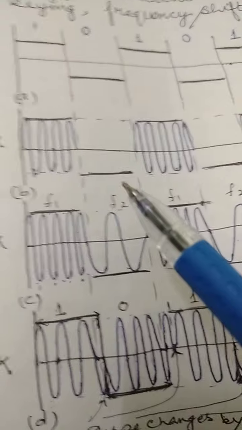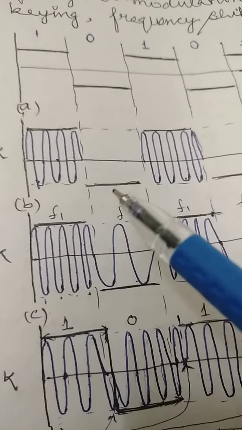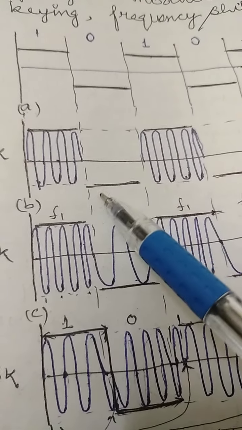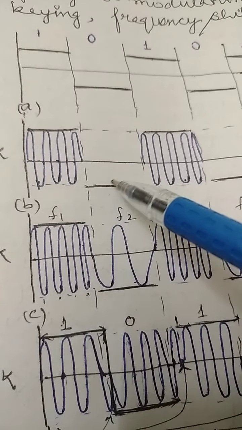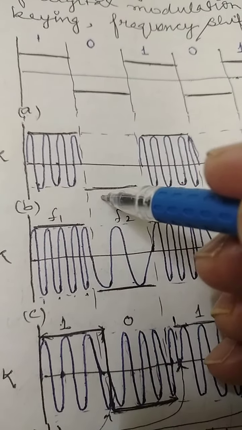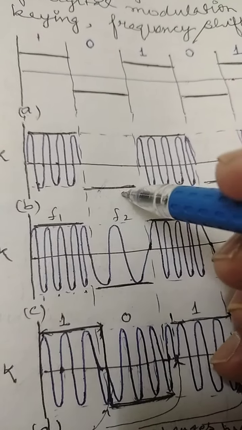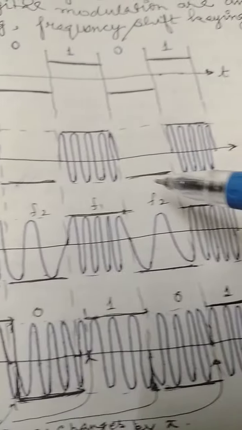So you can see here, there should not be any waveform. This also should not be there, so we can cross it. We should not represent this in this diagram, and similarly we should not represent this.